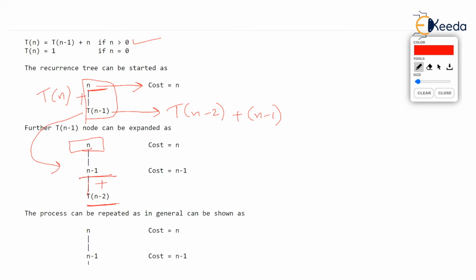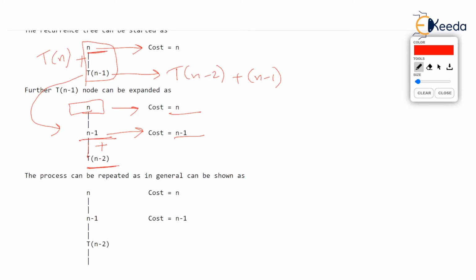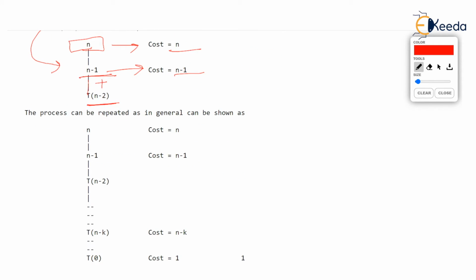And you watch, the cost at each level can now be written clearly as n minus 1. Now this step can be repeated. What will T(n-2) be substituted as? It will be n minus 2 added with T(n-3). So the cost at the next level is going to be n minus 2.